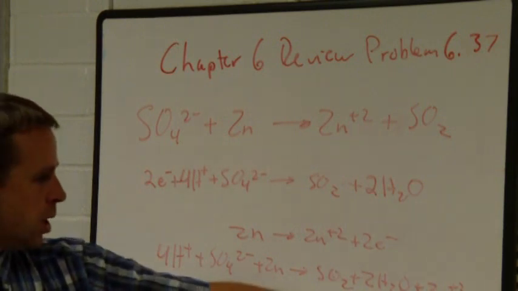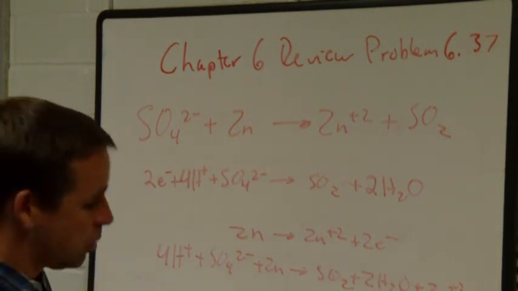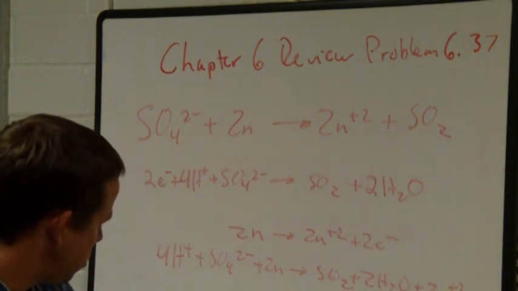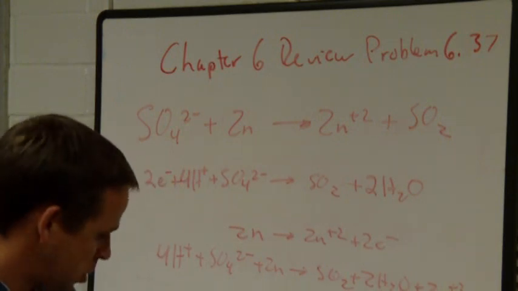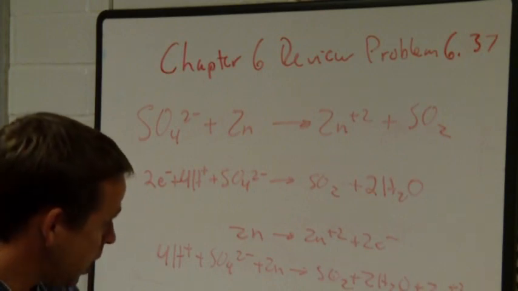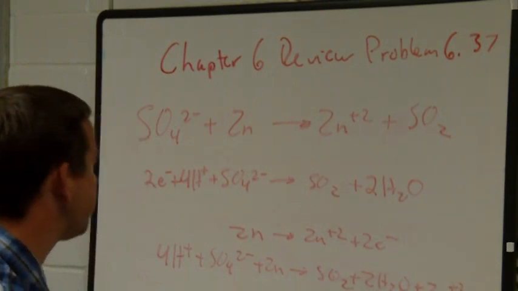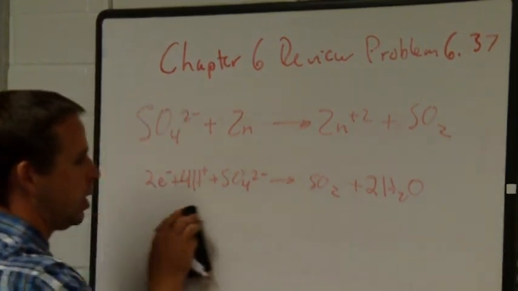Anything the same on either side? Doesn't look like it. So 637D: zinc, sulfate, 4 protons, zinc ion, sulfur dioxide, and 2 waters. Excellent.